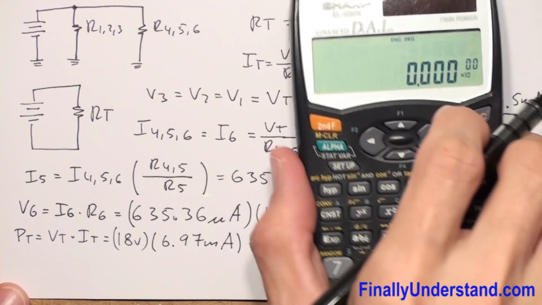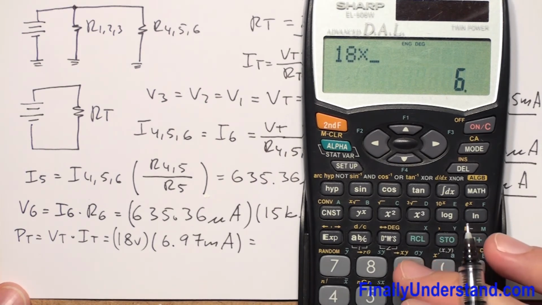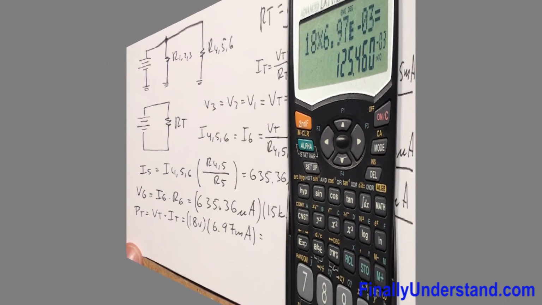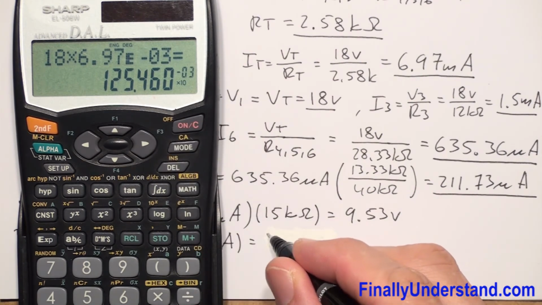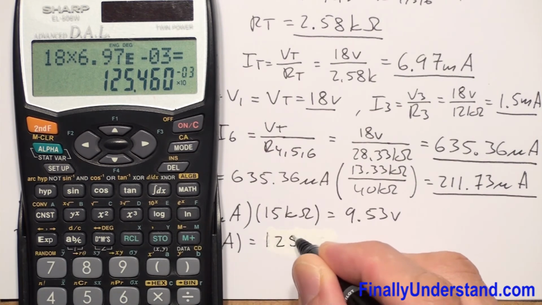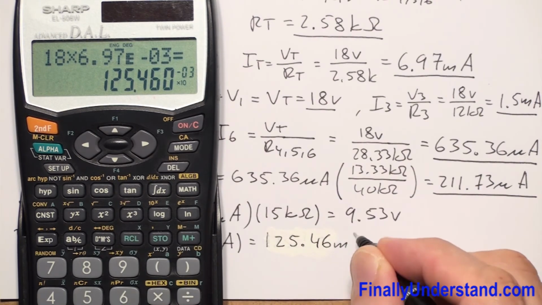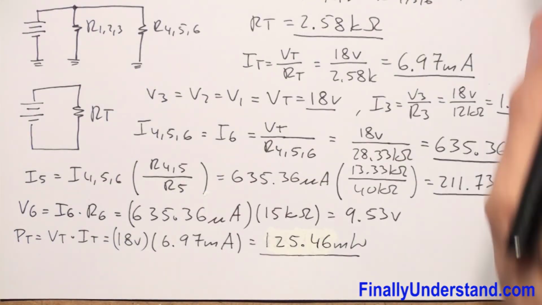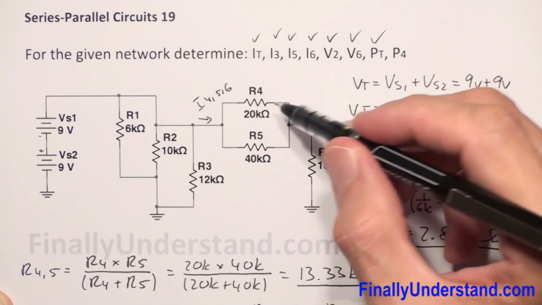This is equal to 18 times 6.97 exponent negative 3, which is equal to 125.46 milliwatts. Okay, so this is my total power.